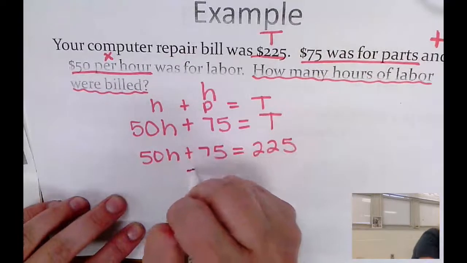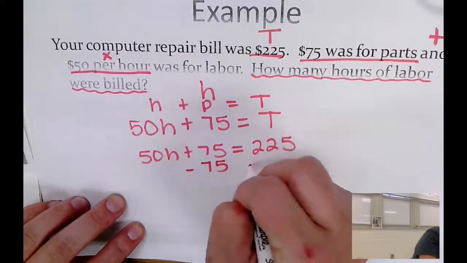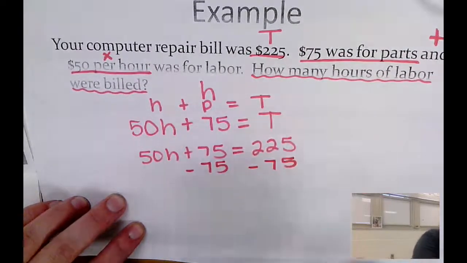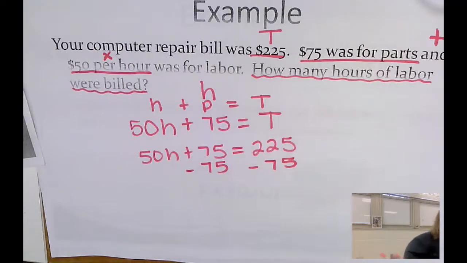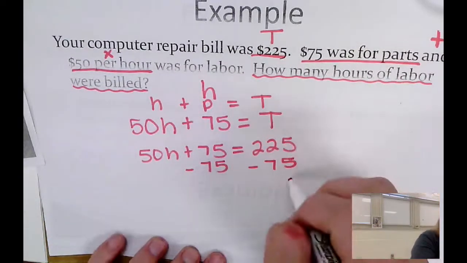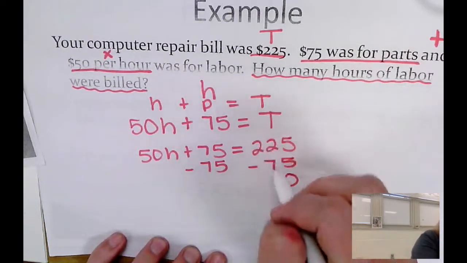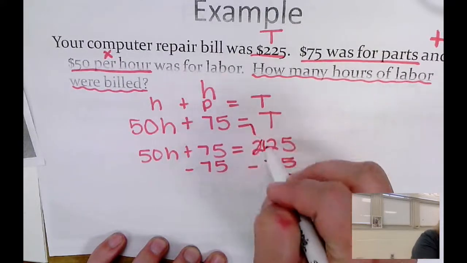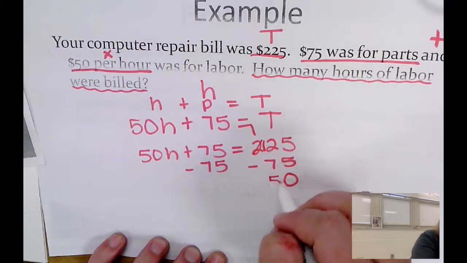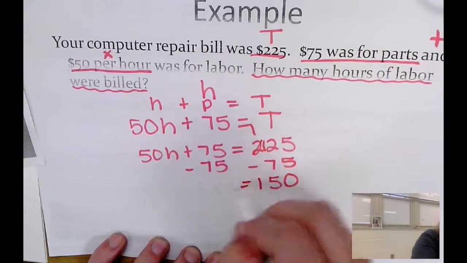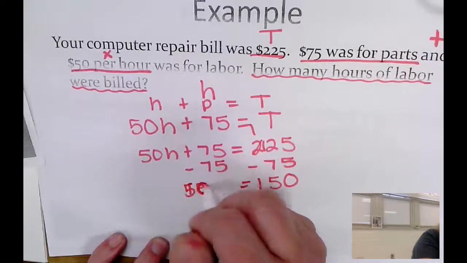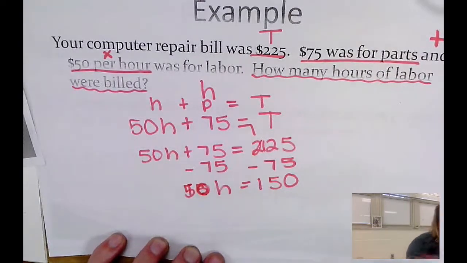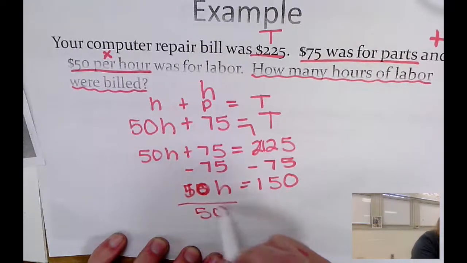Once I subtract my constant from both sides, I get 150. 50H equals 150, and then I'm going to divide by 50. Our 50s cancel out over here, and H equals 3 for 3 hours.